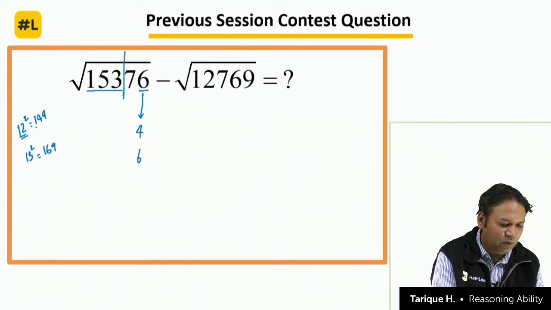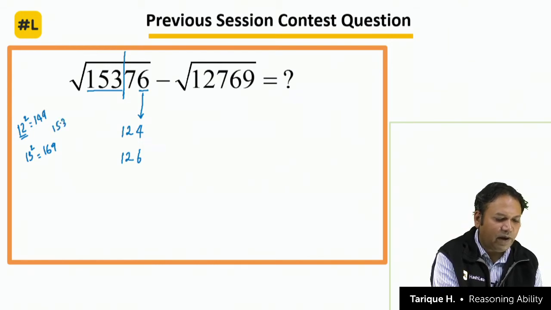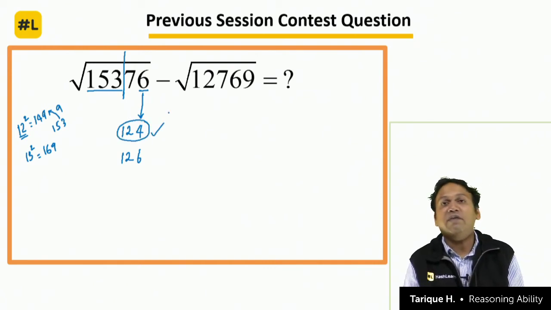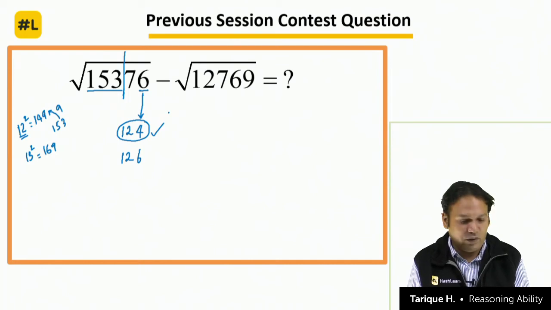We will take the smaller number 12. So 124 or 126. If I go by the closer method, 153 is closer to 144, since the distance between these two is 9. So the square root of 15376 is 124.